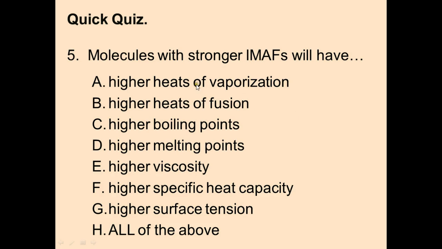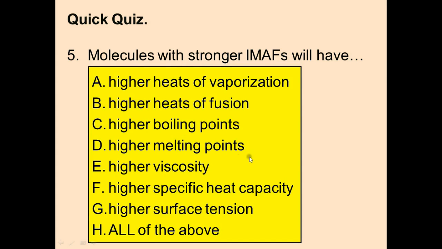So once we know A and B are true, C and D are practically the same: A is the same as C, because heats of vaporization are the same thing as boiling points, and heats of fusion are the same thing as melting points. And so these four are all true. So just from figuring out that A and C are the same or B and D are the same, you could have deduced that all of them are correct. But let's just go through and talk about each one just to make sure you know it.